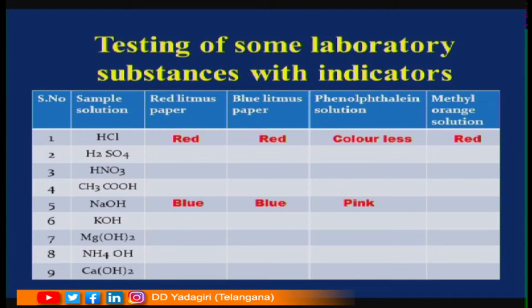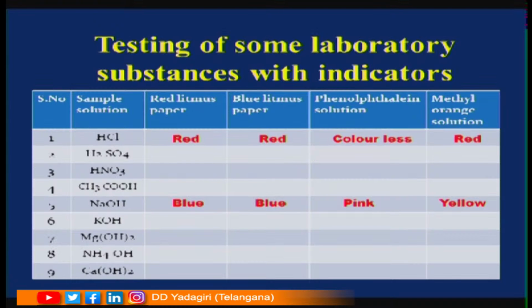Next, phenolphthalein indicator turns pink in bases. When we add methyl orange solution, it will be yellow in color. This is the characteristic property for acids and bases. Like this, you fill the tabular column by doing the experiments in your chemistry lab with the remaining acids and bases.